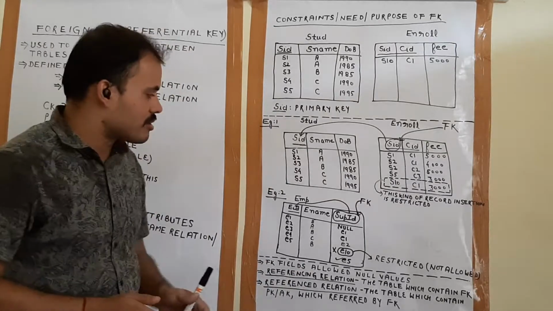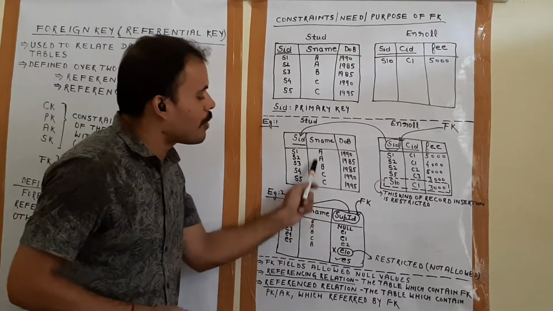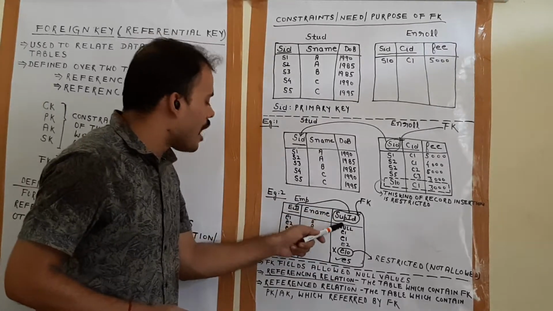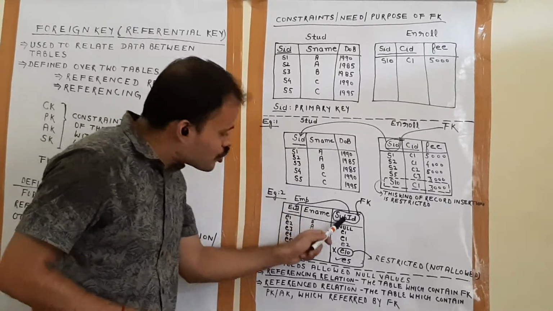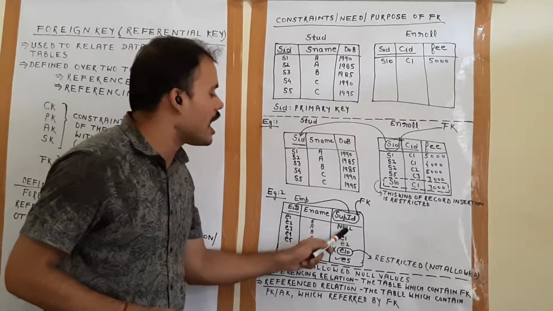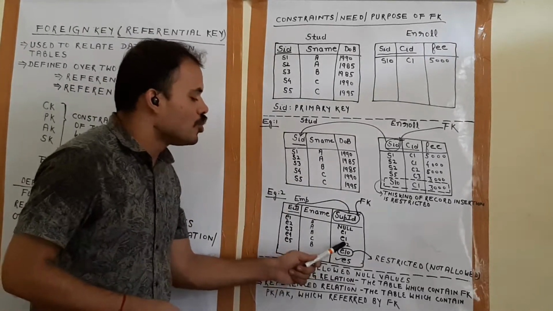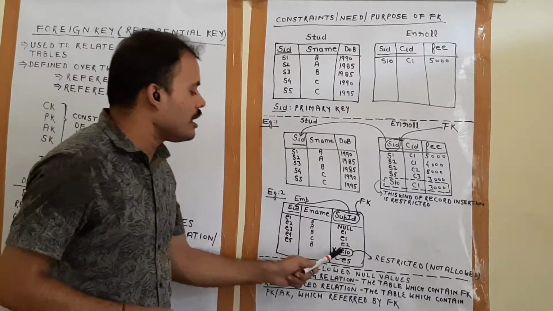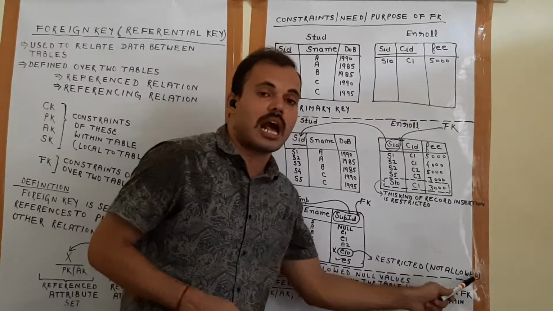Only those supervisor IDs are allowed here which belong to the employee ID. But E10's supervisor ID does not belong to the employee ID. So this E10 is not allowed here. It is restricted, not allowed.